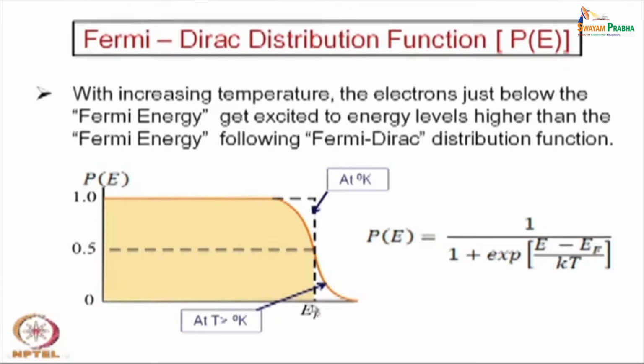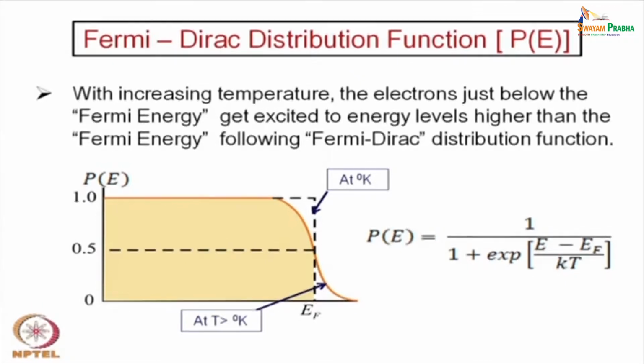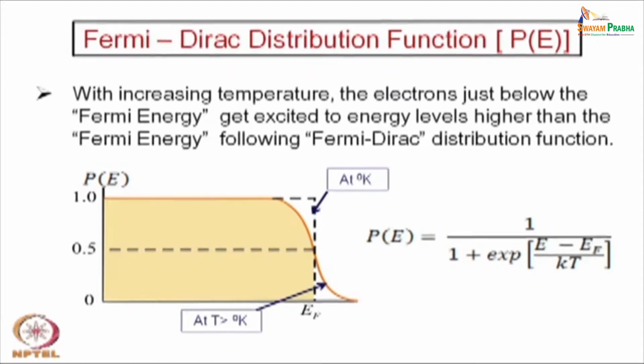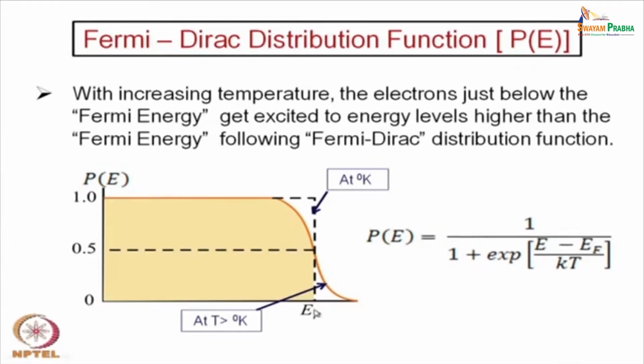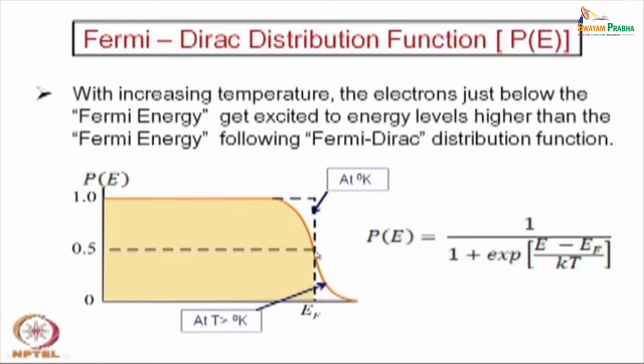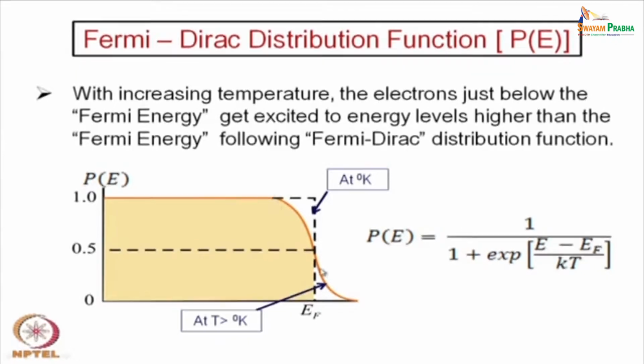In this condition, at temperatures greater than absolute 0, it is not the highest energy level up to which the occupancy is there, it is more than that, but at E F the occupancy is 50%. So this line crosses this vertical line at 0.5.